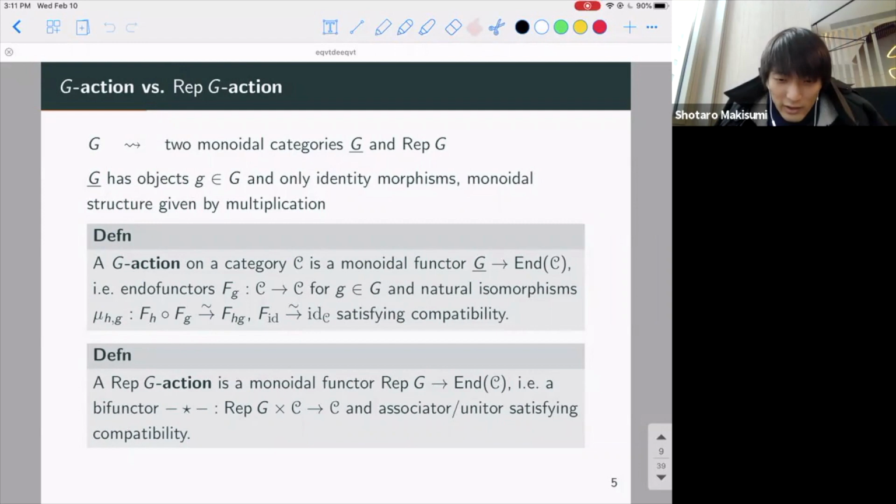So for example, I should really think of this endofunctor f_g as the action of little g. And then I want the action of the identity to be naturally isomorphic to the identity functor. And acting by g followed by acting by h should be naturally isomorphic to acting by hg.